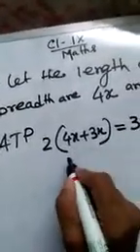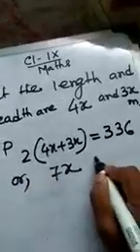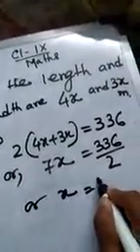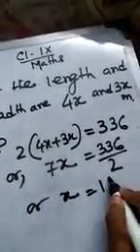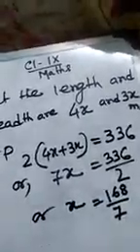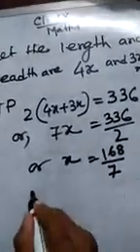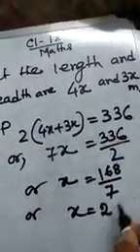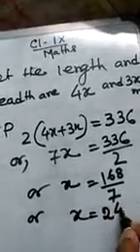So 4x plus 3x is equal to 7x. This 2 goes to the right-hand side, 336 by 2, so x is equal to 24.